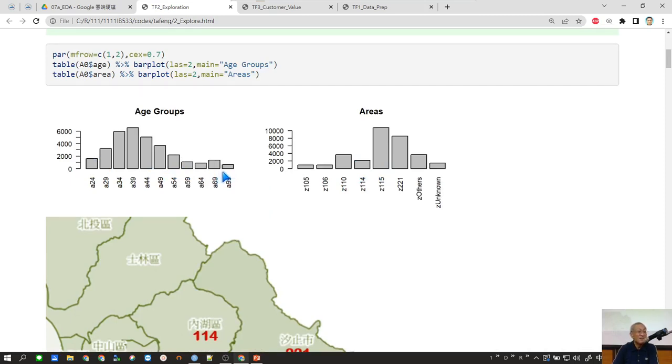If I do not consider area, this is the overall distribution of the age group.